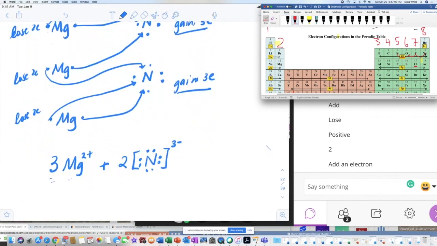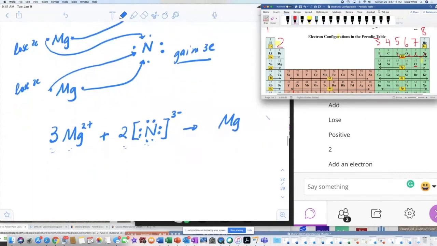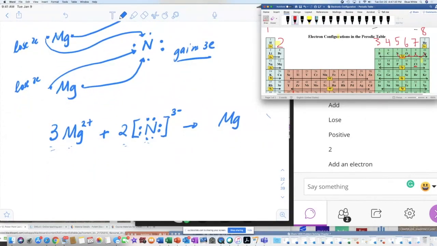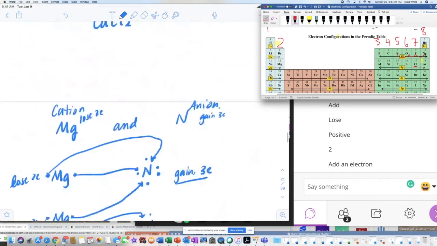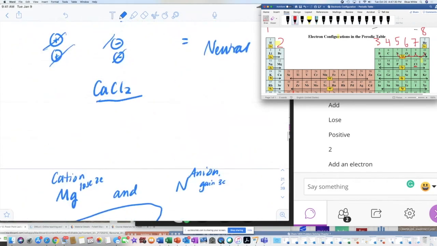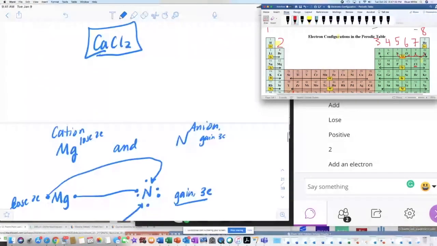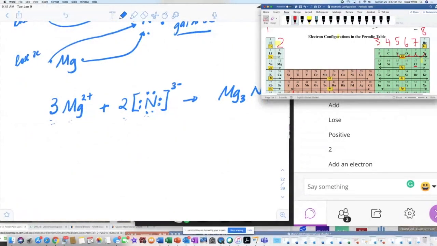The 3 magnesium combined with 2 nitrogen, then we get our compound, magnesium nitride. So as far as the charge is concerned, it would be like this. Magnesium 3, nitrogen 2, okay? It takes 3 magnesiums and 2 nitrogens to form the compound.